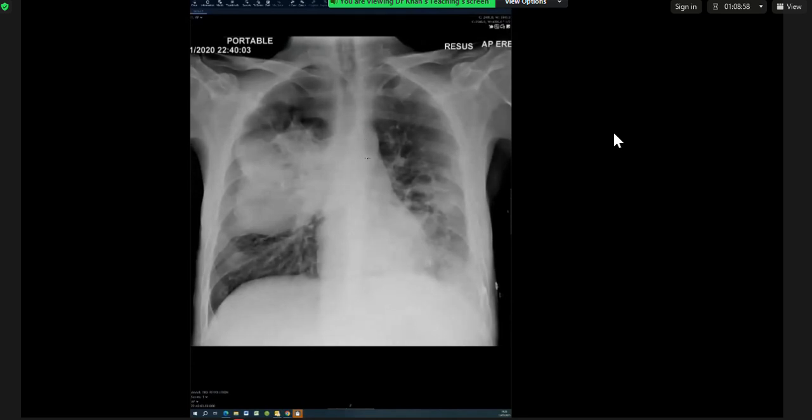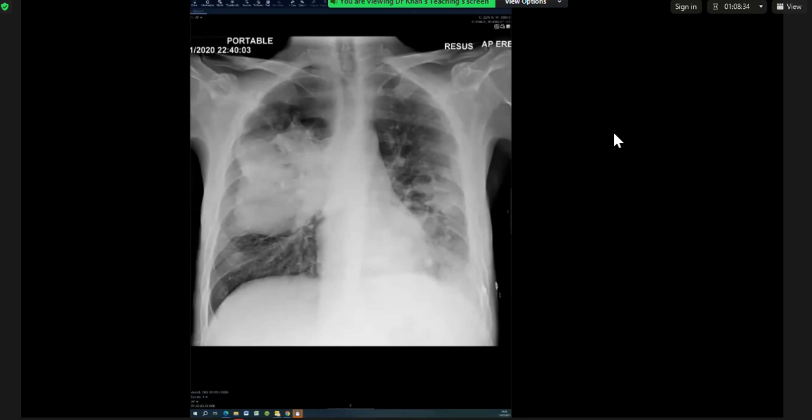So you have multiple lesions in both lungs. I need a differential and I need next steps. This may be multifocal pneumonia, may be metastatic in nature, but I need to review the history of the patient and approach the patient for further CT for more evaluation.